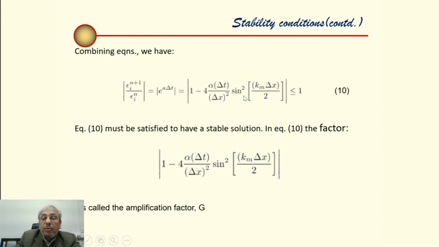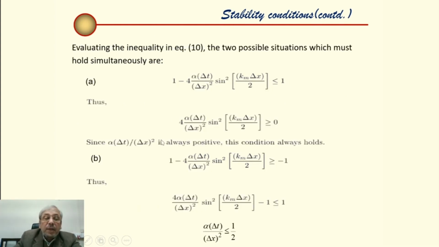This condition always holds. And we can get another condition also if we carefully look at this term. The modulus of this term has to be less than equal to 1. So basically 1 minus 4 alpha delta t by delta x square sine square km delta x by 2 has to be greater than equal to minus 1. That means it can be minus 3/4, minus 1/3, minus half, something like that, so that again the modulus will be less than equal to 1.